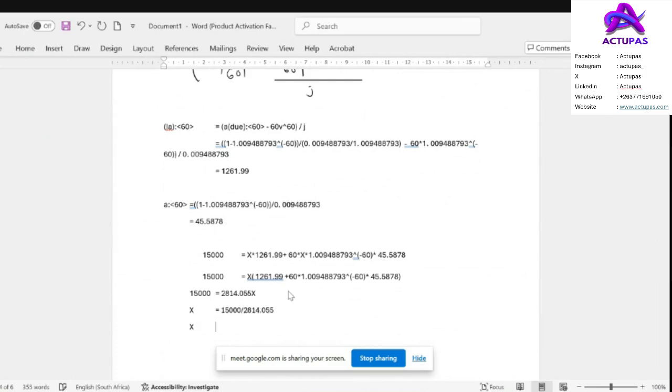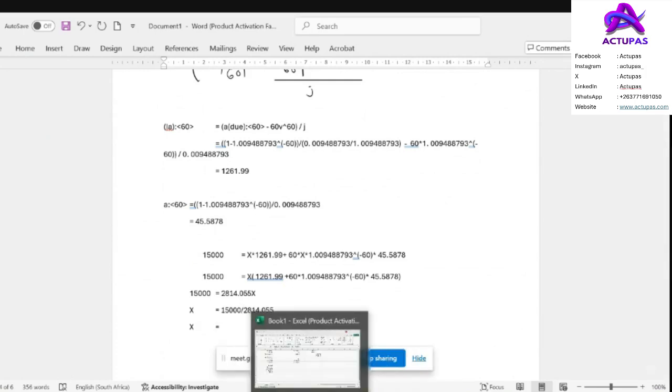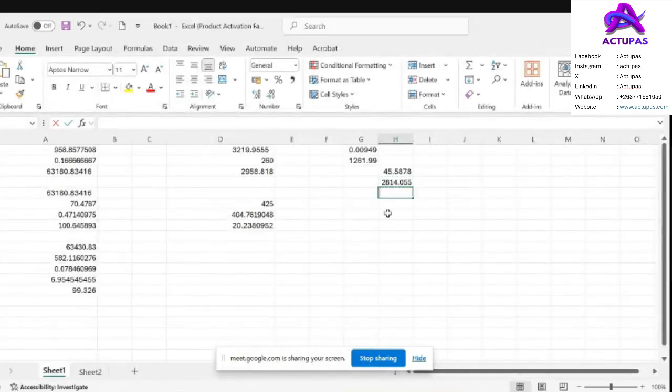So X is equal to 15,000 divided by that. So our X is 5.33.